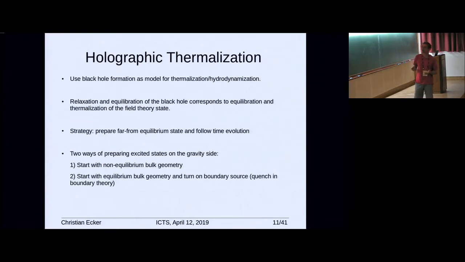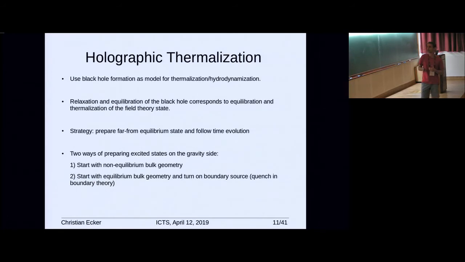The strategy now is to prepare a far from equilibrium state and follow its time evolution. On the gravity side, there are in principle two ways to prepare these excited states. One is that you start with a deformed or excited horizon in the bulk, and then use fixed boundary conditions without the source and follow the time evolution.